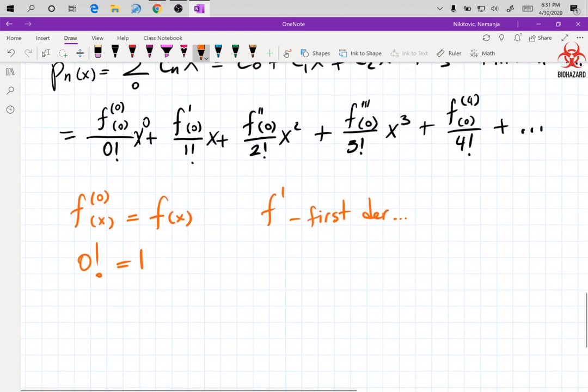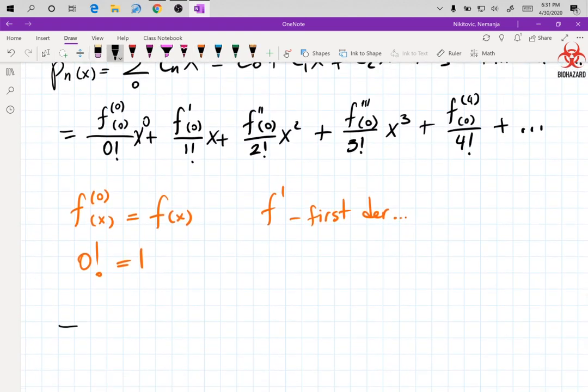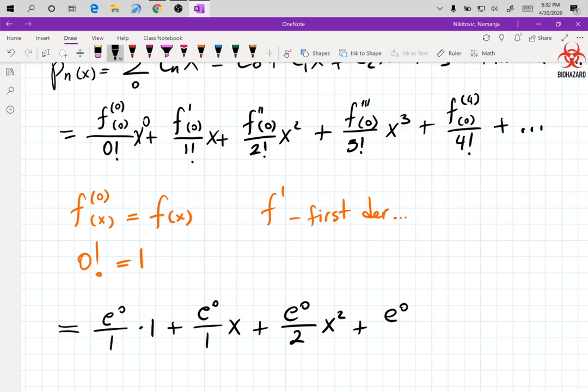All right, cool. So now if I want to compute all of that mess from up there, that means I need to compute e to the 0 divided by 1 times 1, plus e to the 0 divided by 1 times x, plus e to the 0 divided by 2 times x squared, plus e to the 0 divided by 6 x cubed.